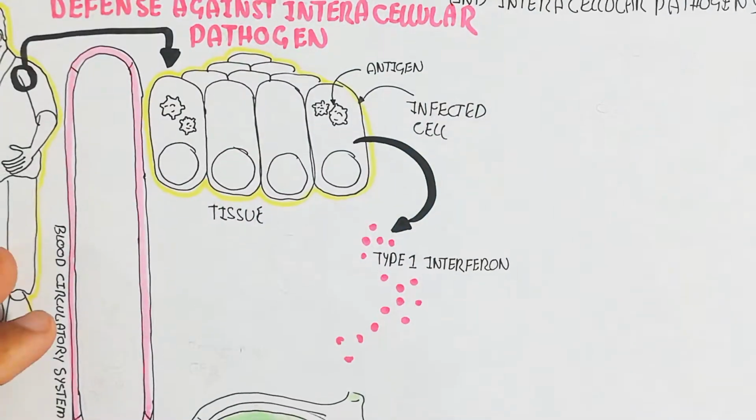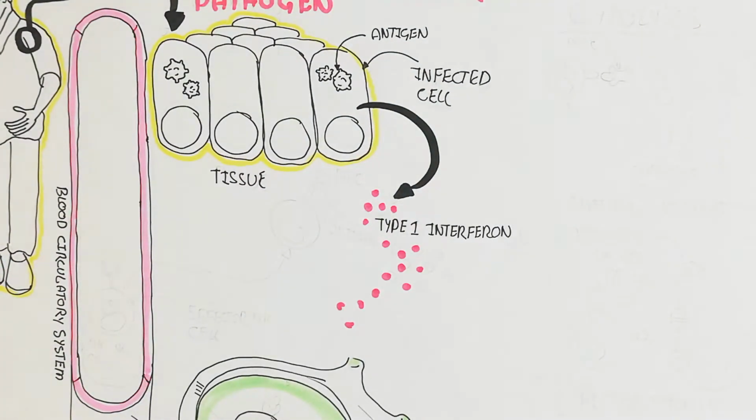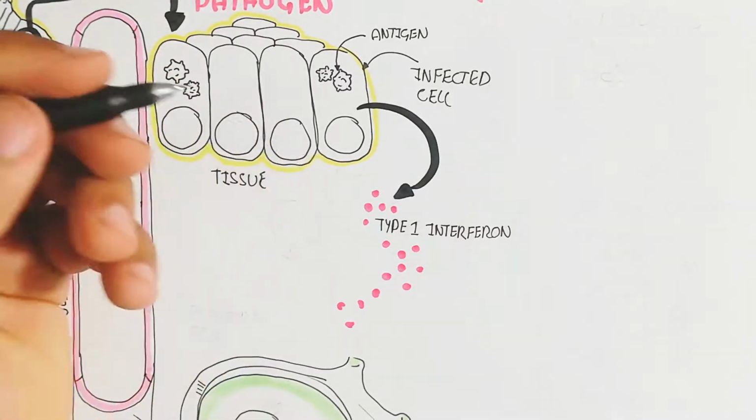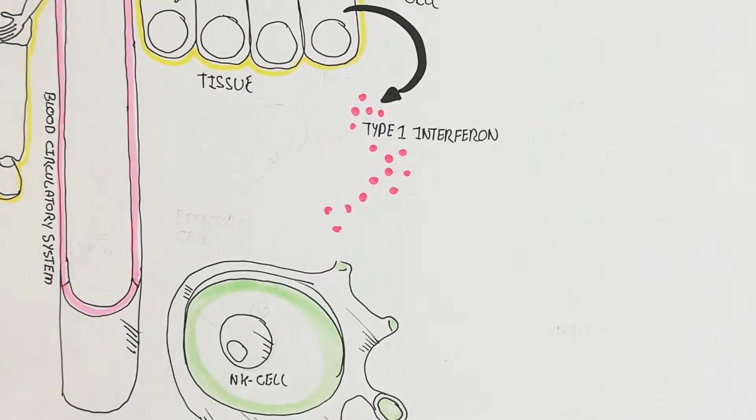After this, the antigen is presented through MHC class 1 molecules on the infected cell.